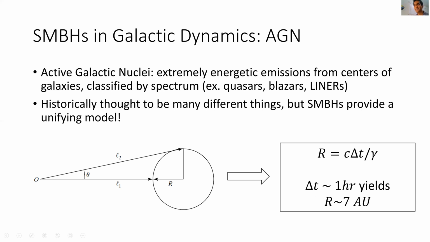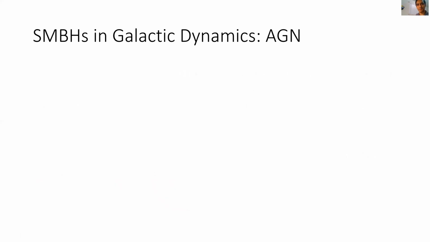AGN activity can lead to brightness that outshines the entire Milky Way by orders of magnitude. So this really compact object that fits in the solar system is producing something so energetic, and that's surprising.